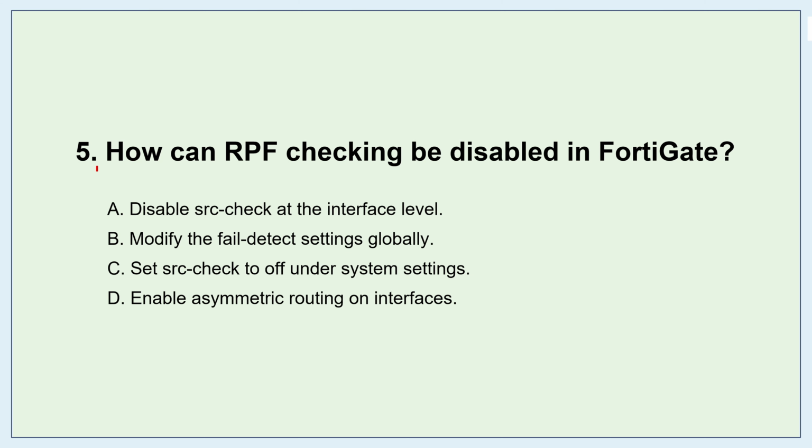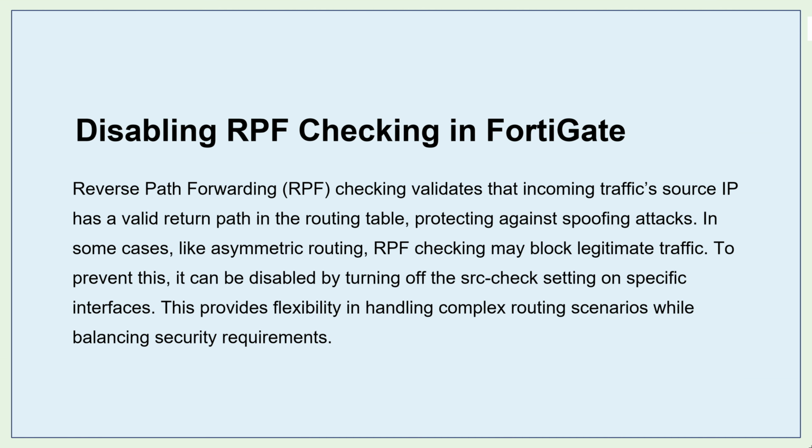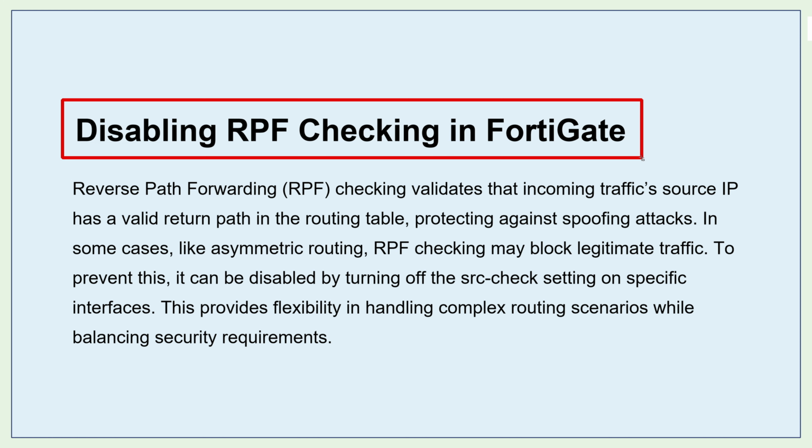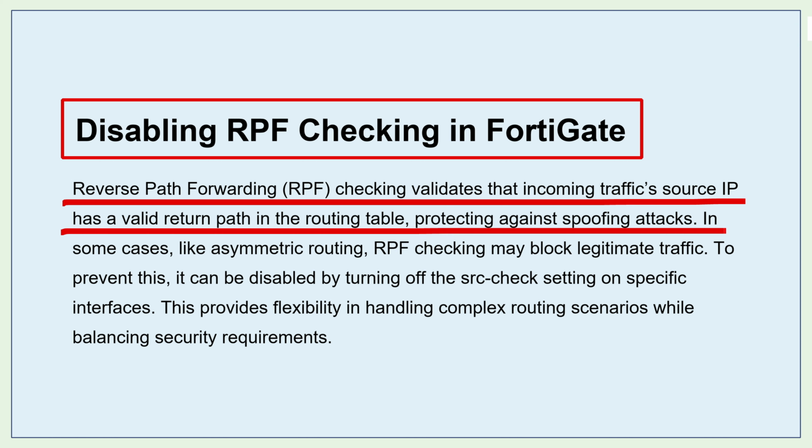Question 5. How can RPF checking be disabled in FortiGate? The knowledge points of this question are: anti-spoofing security mechanism. RPF checks verify if incoming traffic has a valid return path to prevent spoofing. If your network uses asymmetric routing, RPF might block legitimate traffic.